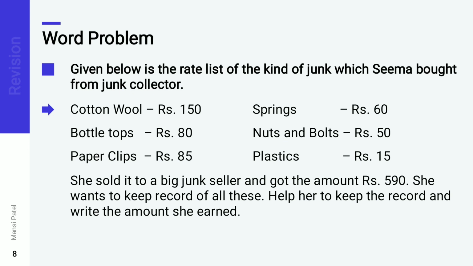She sold it to a big junk seller and got rupees 590. She wants to keep the record of all this. Help her to keep the record and write the amount she earned. See here, they have given you the different rates. When she sold it to the big junk seller, at that time she got rupees 590.